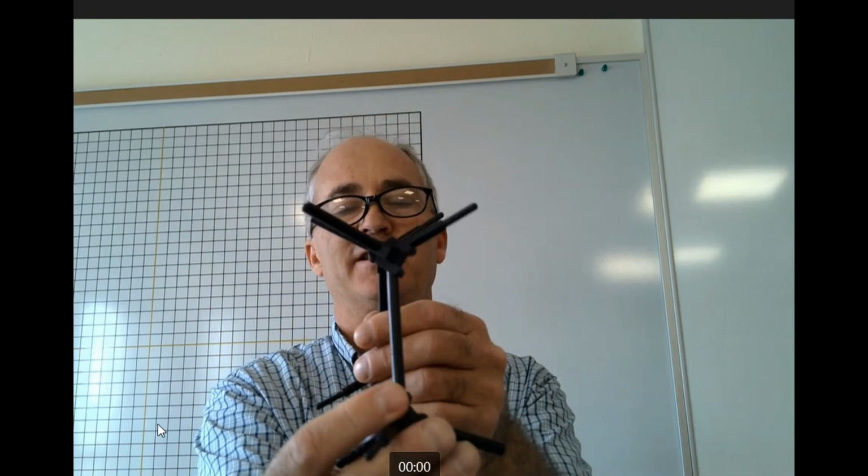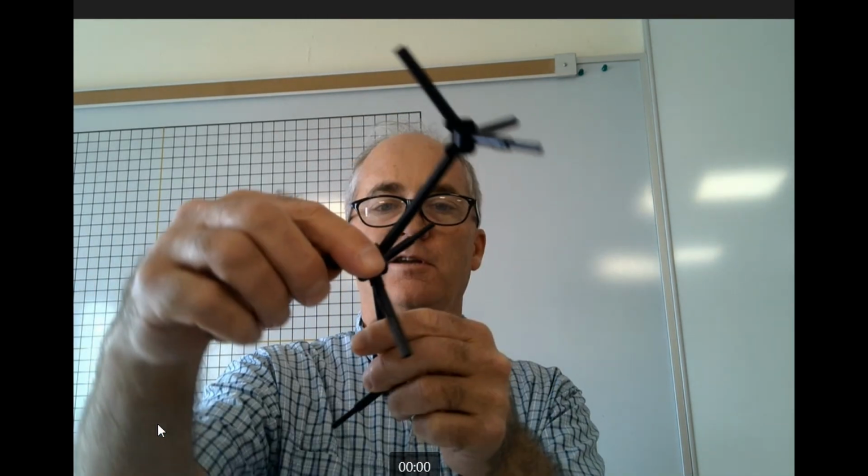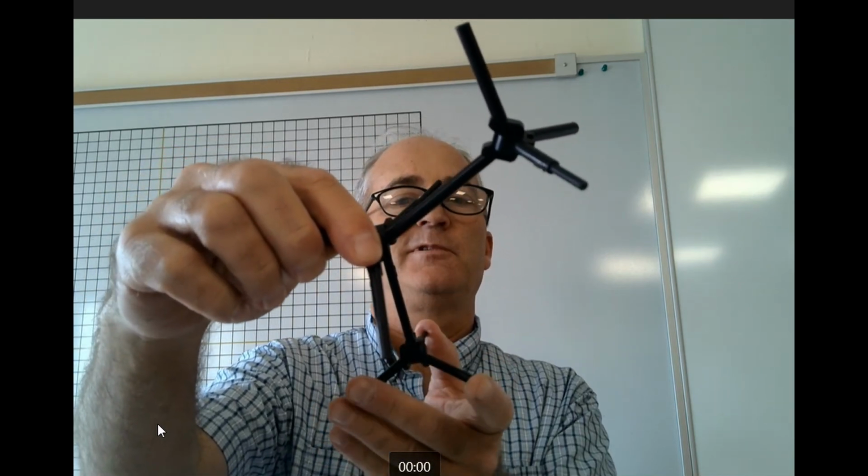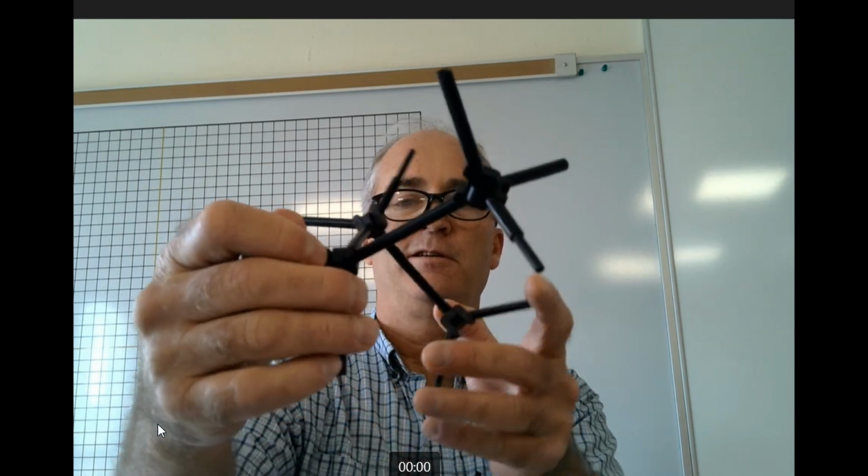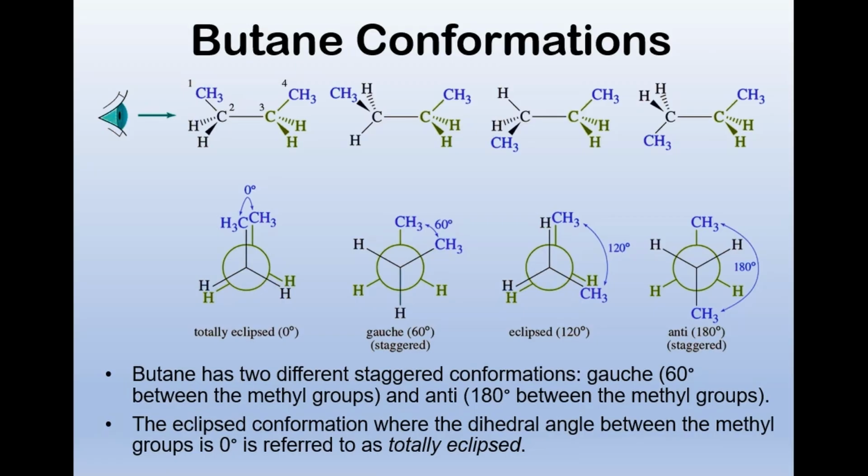But you can probably imagine this has the highest energy, or this one has the lowest, and then we have second highest, and some in between. So butane has two different staggered conformations. We call them gauche and anti, referring to the methyl groups.